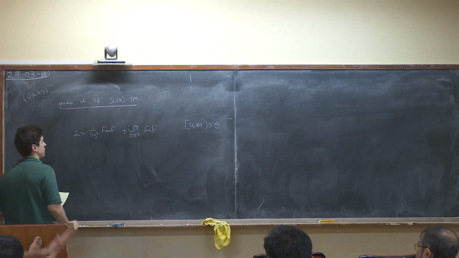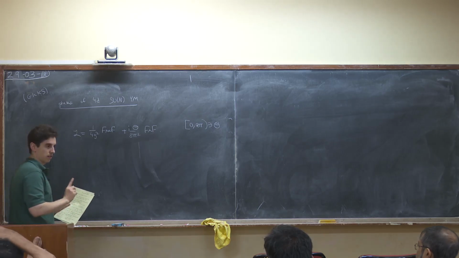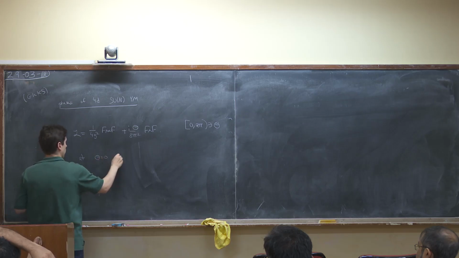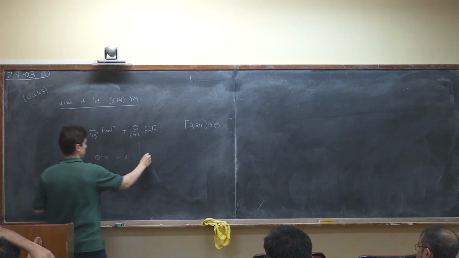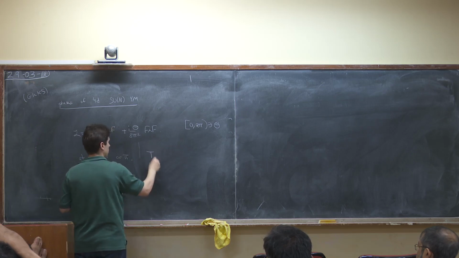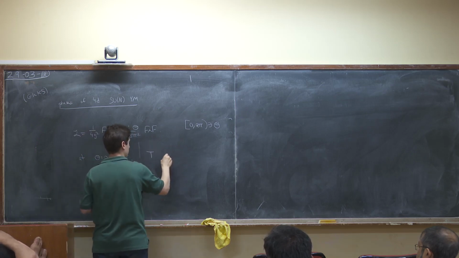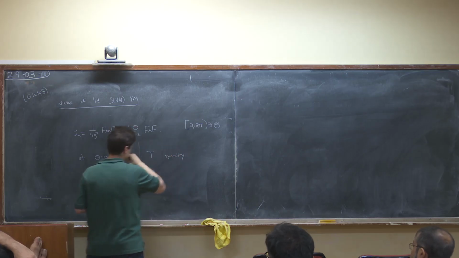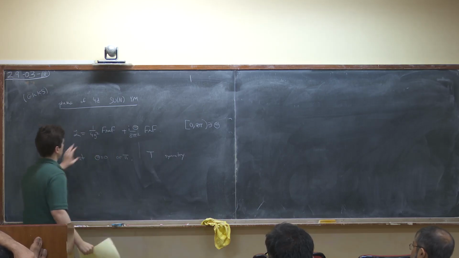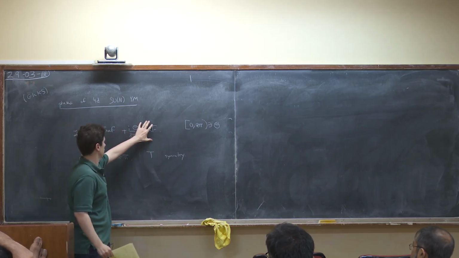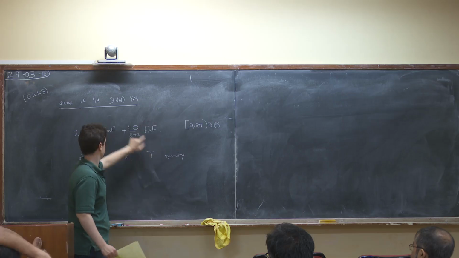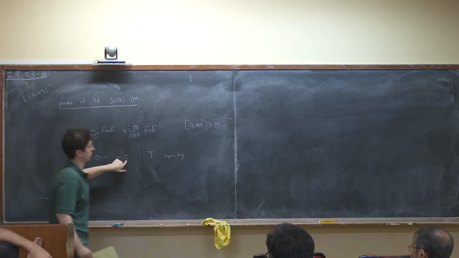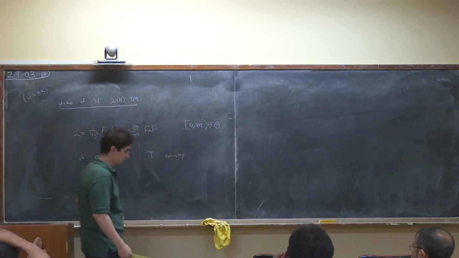And the first observation is that at specific values of theta, there's an enhanced symmetry. So at theta equals 0, pi, there's time reversal symmetry. That's clear because time reversal symmetry acts to change the epsilon tensor to minus itself, so it changes theta to minus theta. So at theta equals 0, you're invariant, and at theta equals pi, you're invariant because of this identification.